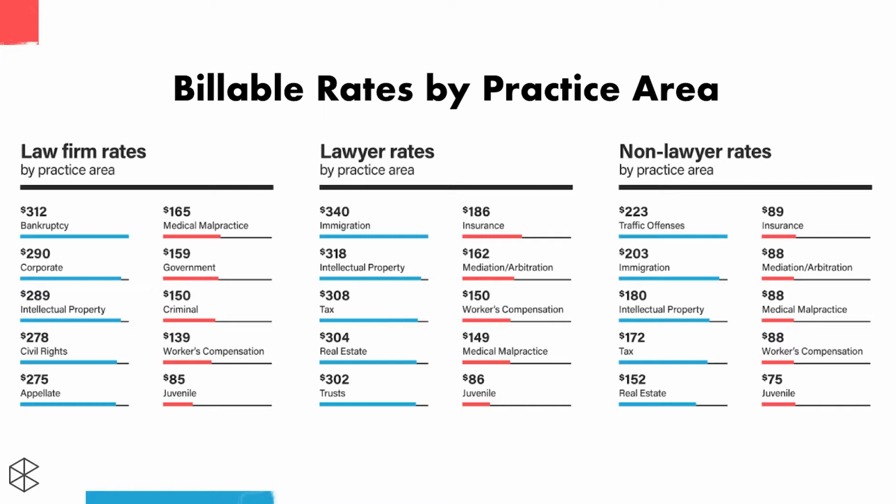Coming in lower across the board were rates for juvenile law, where we saw obviously much cheaper prices. Coming in at the top, interestingly, were hourly work done for bankruptcy cases, lawyer rates for immigration cases, and for non-lawyer rates, the highest hourly rates that we saw were actually for traffic offenses. Those are DUI and other traffic infringements. So pretty interesting. And like I said, these will be published in the report.